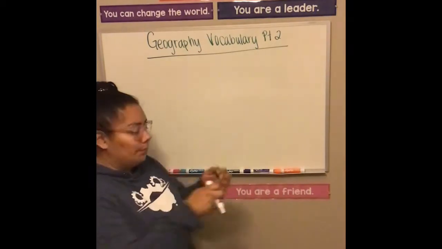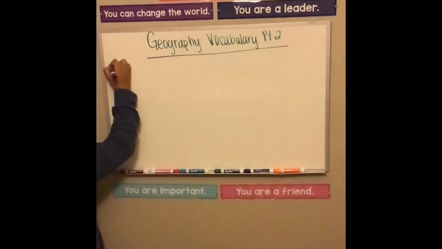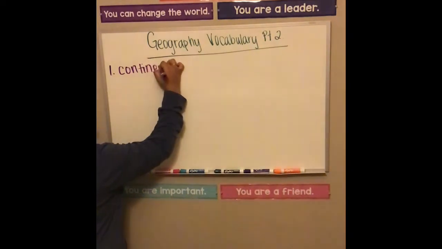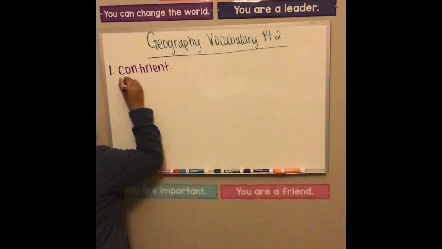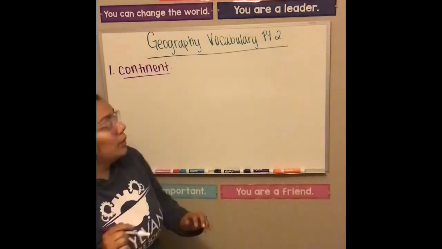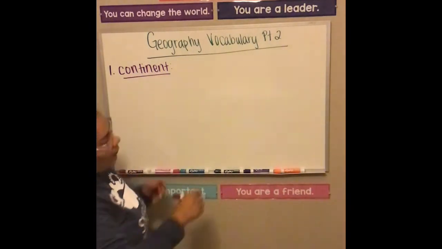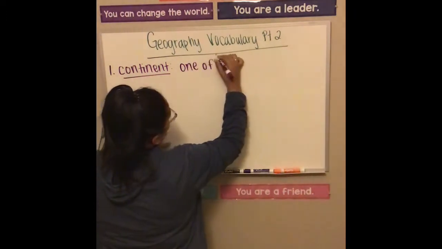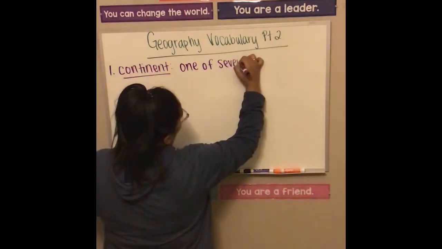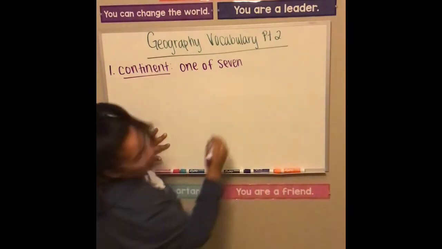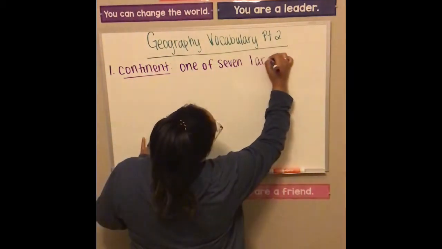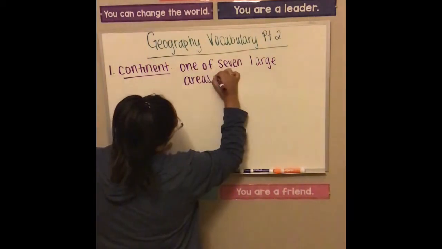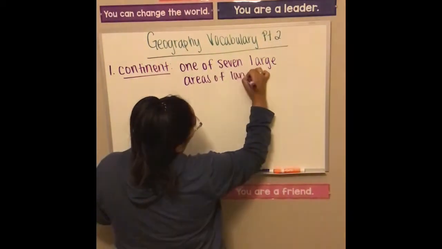So your first word is continent, and a continent is one of 7 large areas of land.